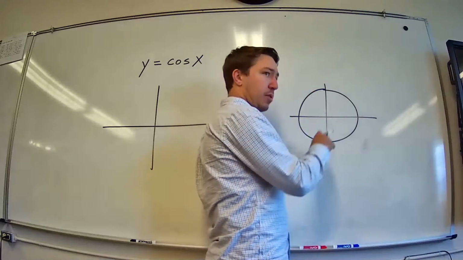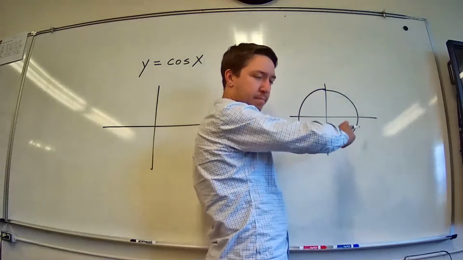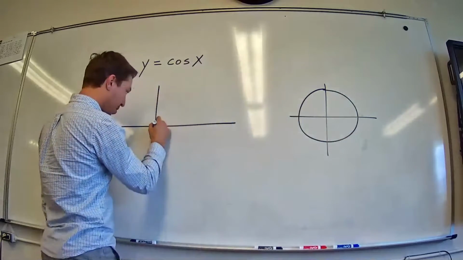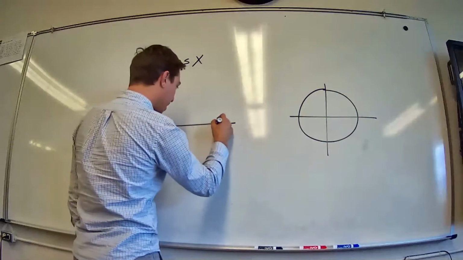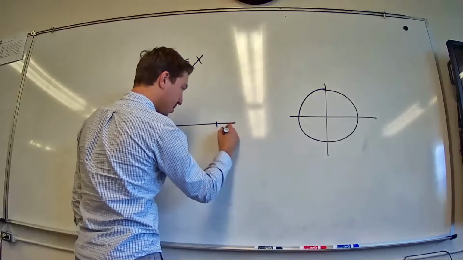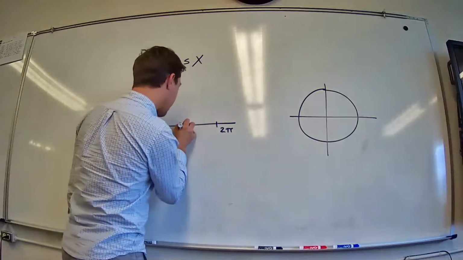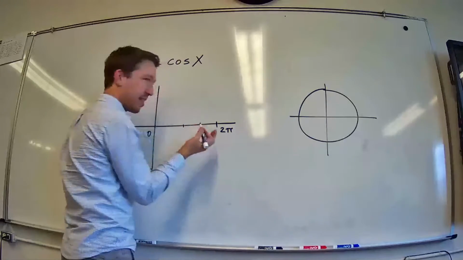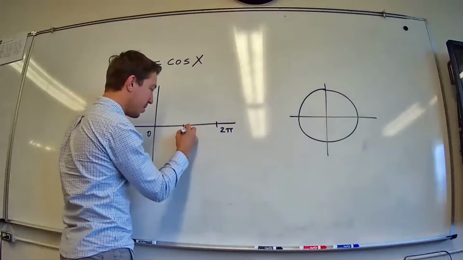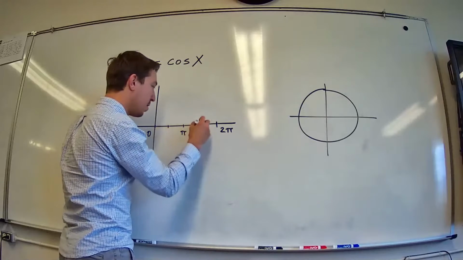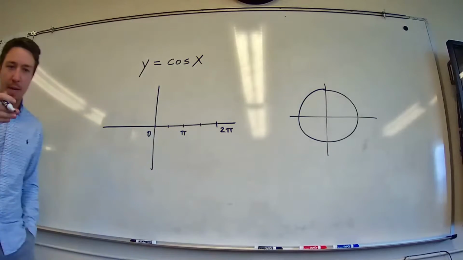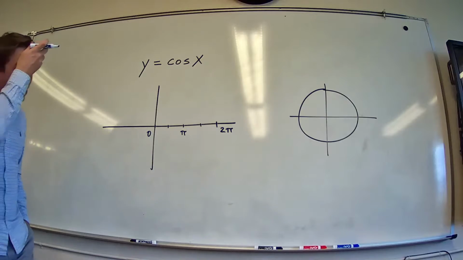Cosine time. So we're going to do the same journey around the circle, right? We're going to go from 0 to 2 pi. In fact, let's go ahead and label these right now, so it makes sense where we're going to hit the same exact values, all the same important values that we want to really focus on.